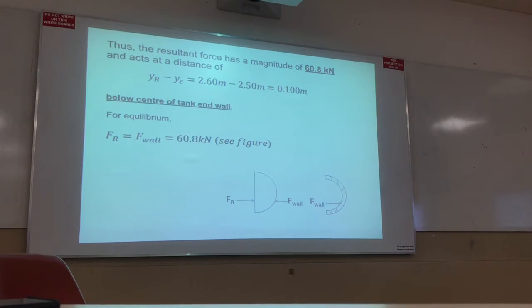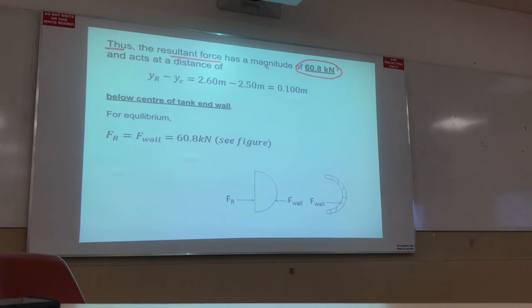So now the question is, the resultant force has a magnitude of this value. The force is density times gravity times the distance between the center of pressure and the center of gravity, 1 meter.